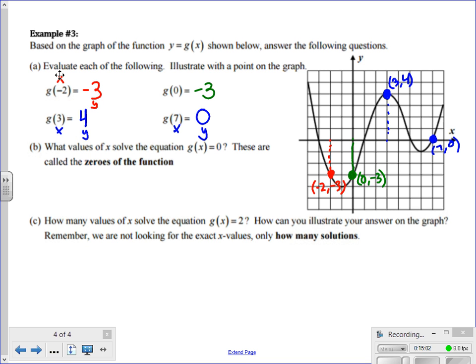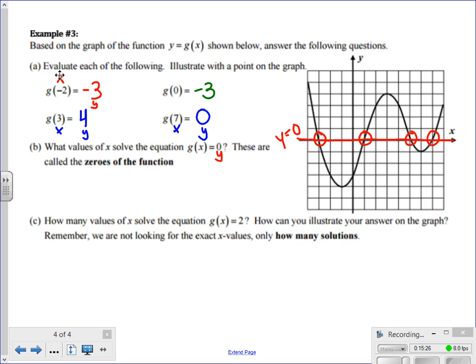All right, finally it says, what values of x solve the equation g of x equals 0? All right, the 0 here, again, is a y value. So I'm going to draw a line where y equals 0 and circle all the times that the graph crosses that line. It appears to happen 4 different times.